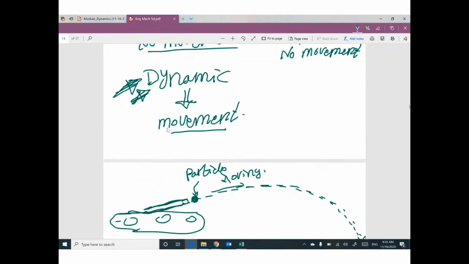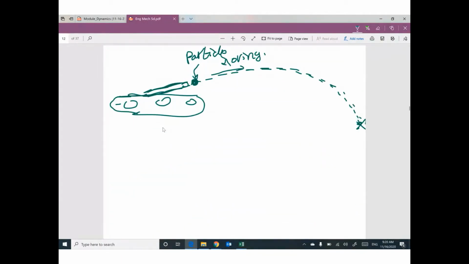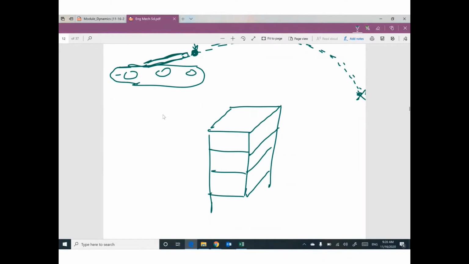So one of you, I believe, will ask me a good question. If you have a building like this one, do you think this building will be analyzed under static part or dynamic part? Do you think your building is moving?